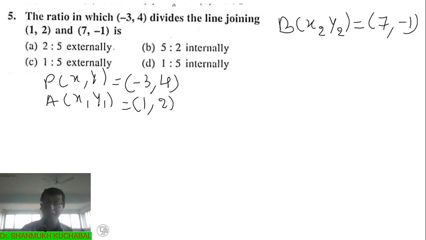Now P divides AB in the ratio L divided by M equal to (x minus x1) divided by (x2 minus x).